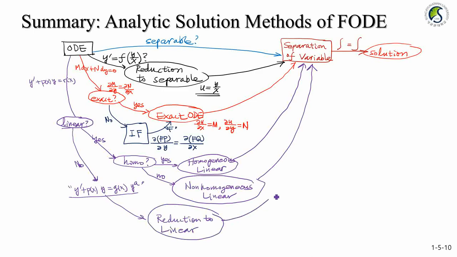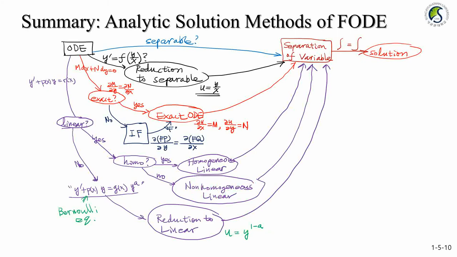This type of equation is the Bernoulli equation. Then we substitute u equals y to the 1 minus a, plug it in, and calculate the formula, and then we get the separated variables, and then we can get the solution.